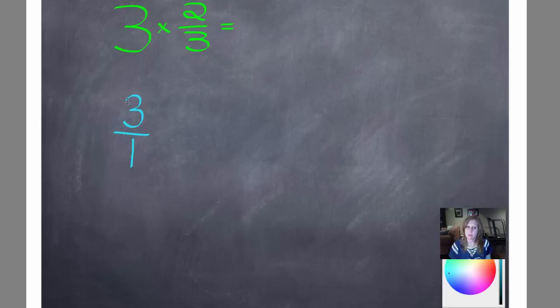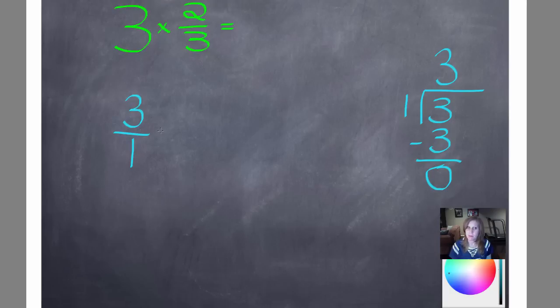And watch this, because remember, when the number on top is bigger, you've got to send them home. It's not okay for the bigger number to be on top. And then 1 goes and knocks on the door. 1 goes into 3 whole times. 1 times 3 is 3, and 3 minus 3 is 0. So 3 over 1 is actually the whole number 3.